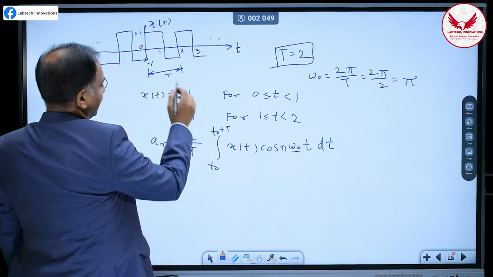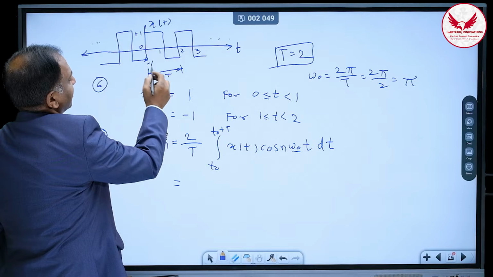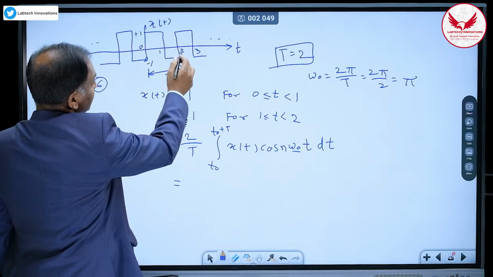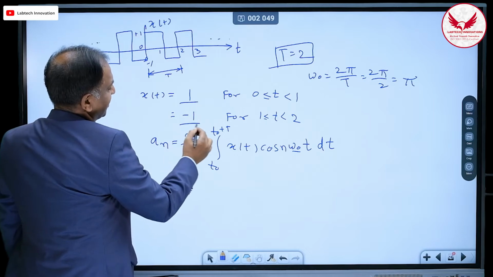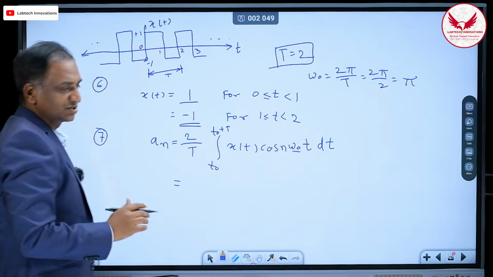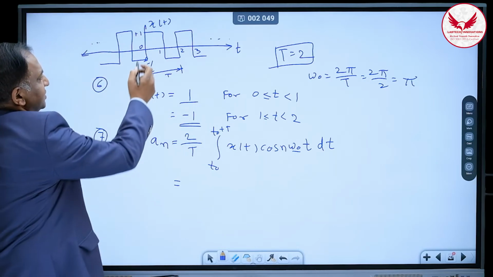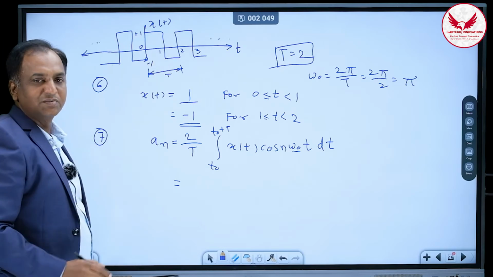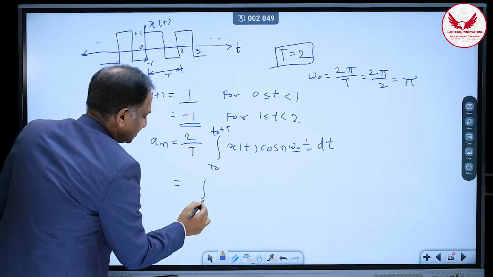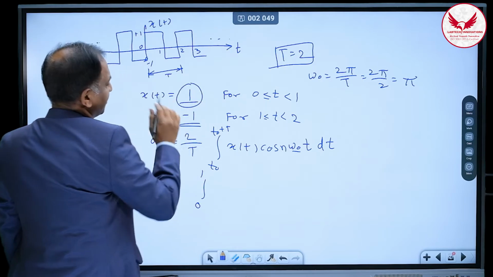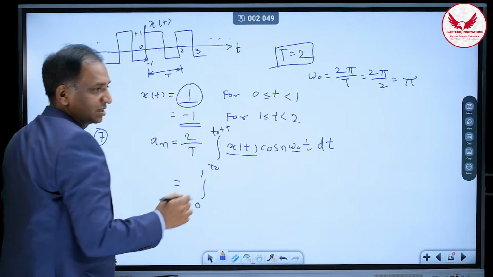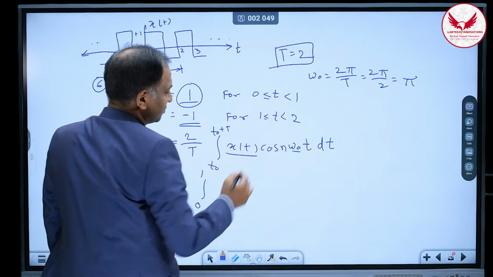So this is the integration for one complete period, that goes from 0 to 2. There are two values, one is plus 1 and another is minus 1. So the integration consists of two limits, from 0 to 1 and from 1 to 2. For 0 to 1, the amplitude of the signal is 1, so x of t is equal to 1, and it will consist of cos n omega 0 t.